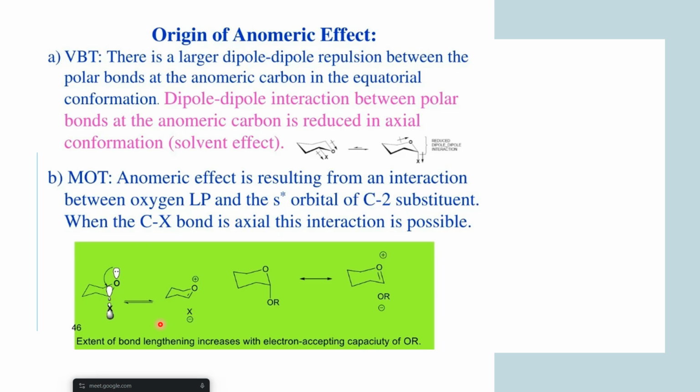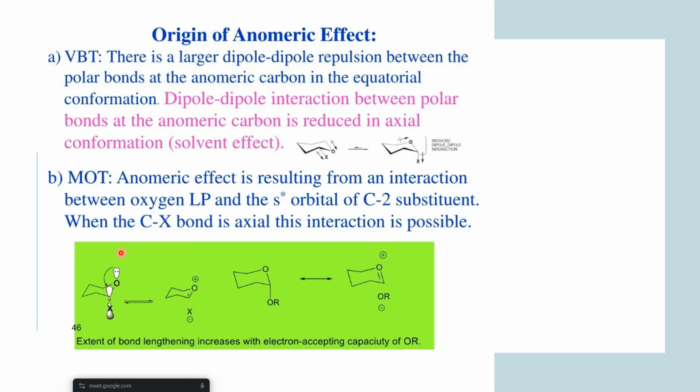So you can understand this effect as the heteroatom present in the ring will be placed with respect to the carbon-heteroatom bond in such a way that the ring heteroatom can donate its electron pairs to the sigma star antibonding orbital of the carbon-heteroatom bond.